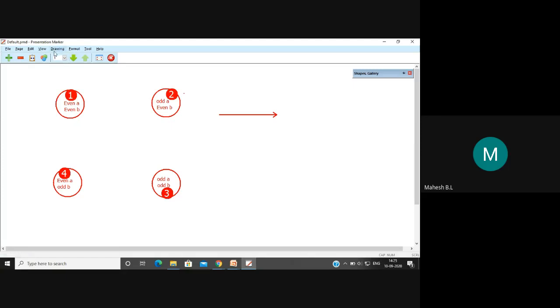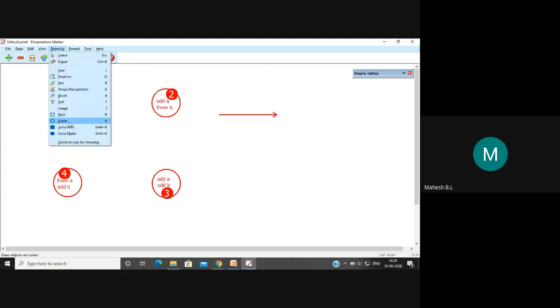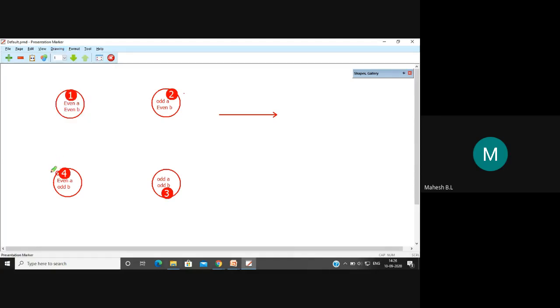That's why you need to put a double circle for that particular state, because it is the accepting state. So there is a double circle around state 4.